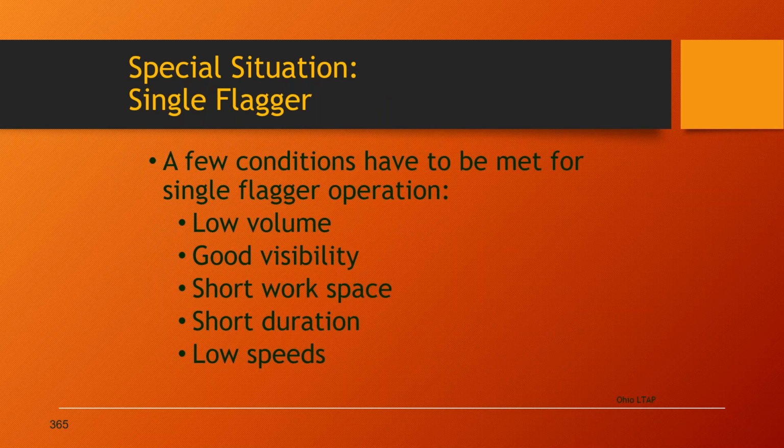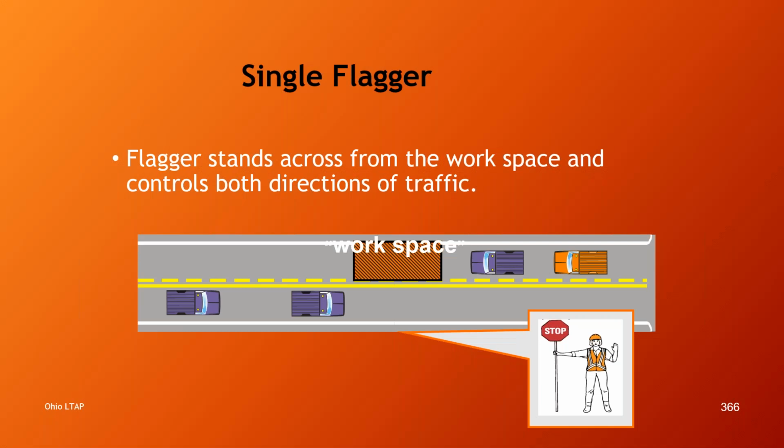Sometimes we have a situation where we only need 1 flagger, and you have to meet these conditions before you have a single flagger. It has to be a low volume road with good visibility in each direction, a very short workspace, and a short duration, which is like an hour or less, and then low speed traffic.